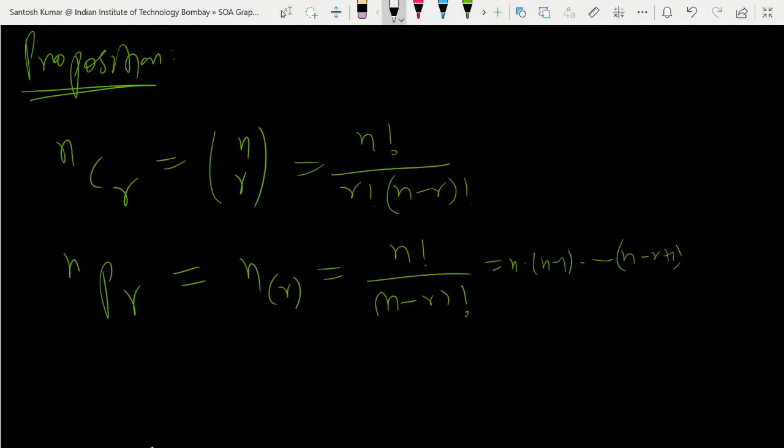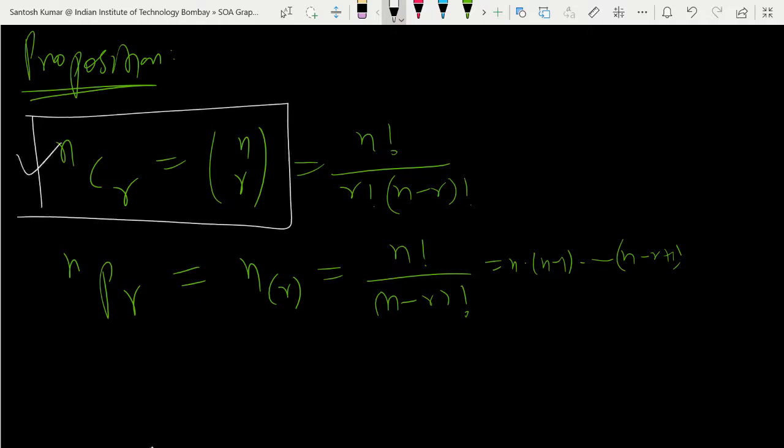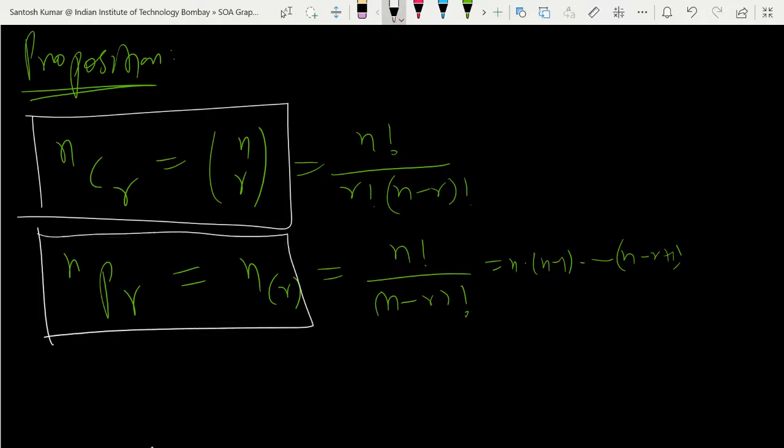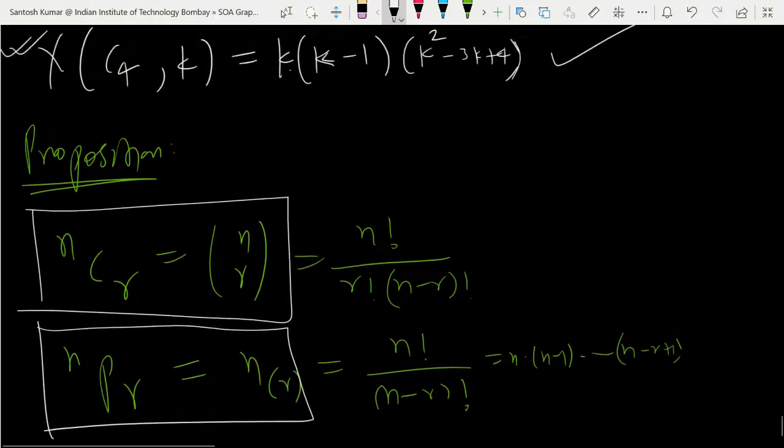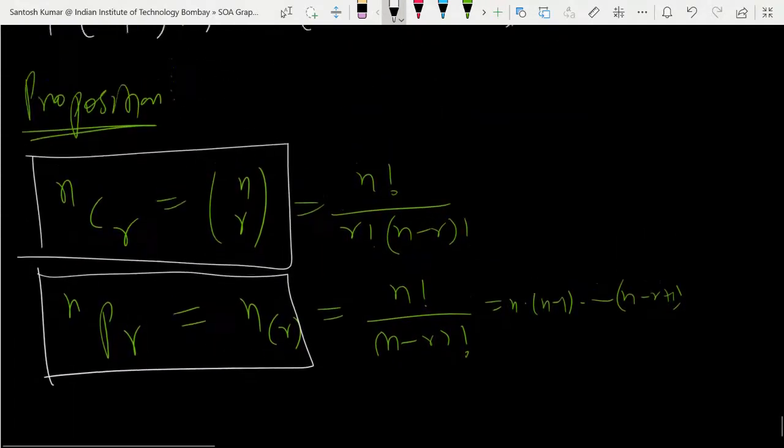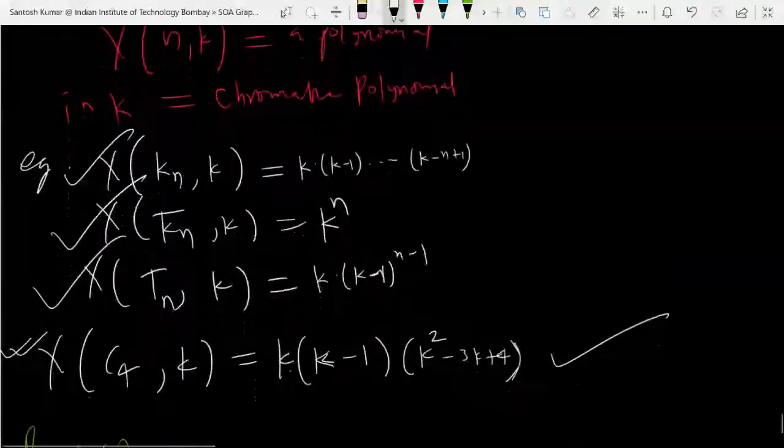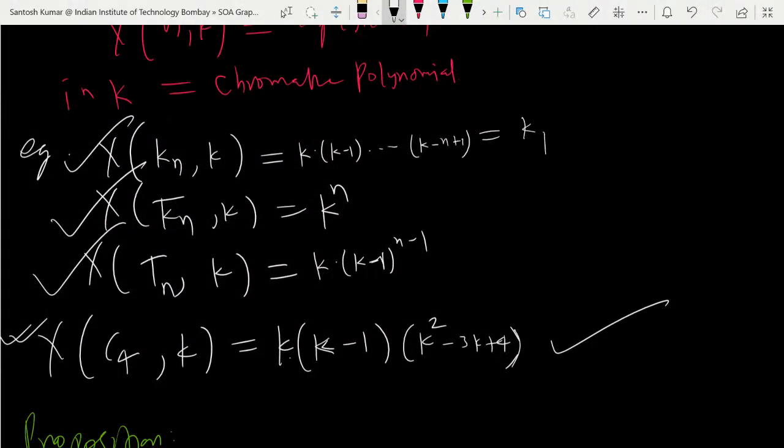So just remember these notations. Sometimes I may use this one or sometimes that one, but both are the same. And similarly for this, we may use this notation. So nPr is n suffix r actually. Like here, you have seen I have used kPn, or you can write k suffix n.